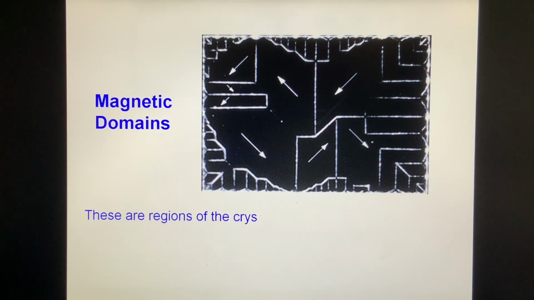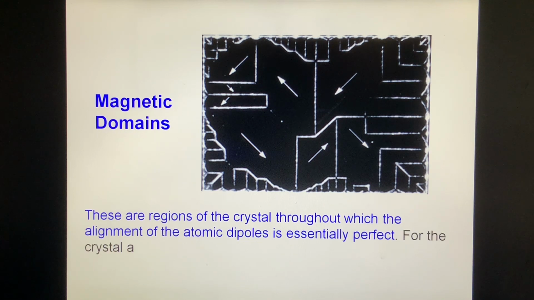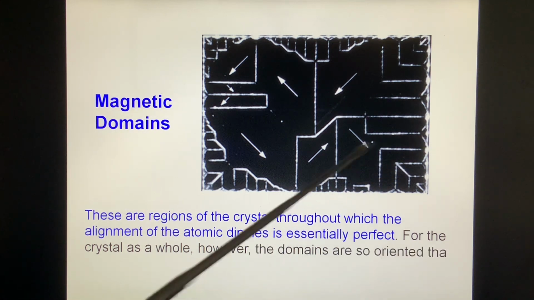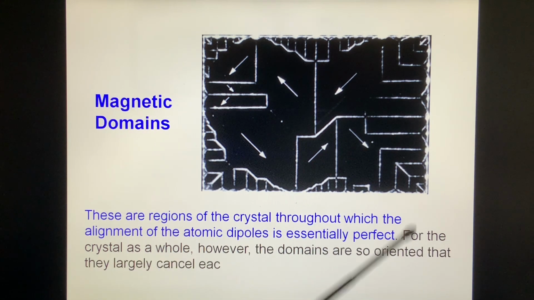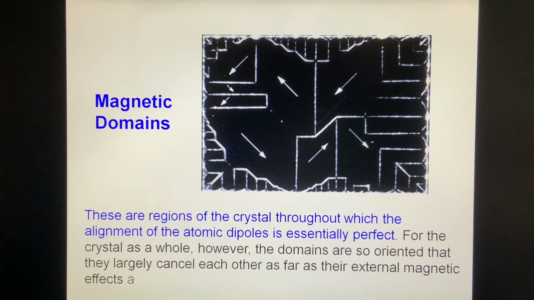These are regions of the crystal, throughout which the alignment of the atomic dipole moments is essentially perfect. For the crystal as a whole, however, the domains are so oriented that they largely cancel each other out as far as the external magnetic effects are concerned.